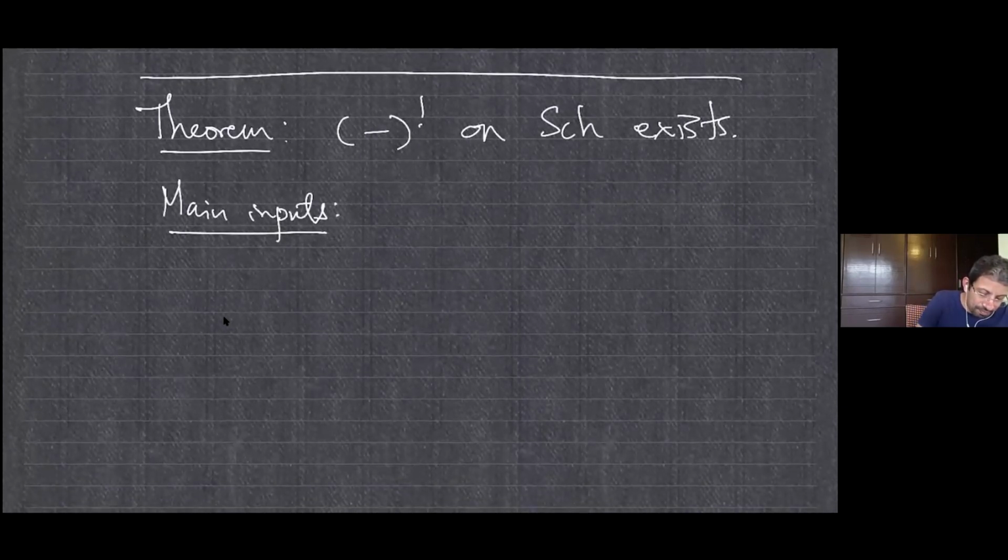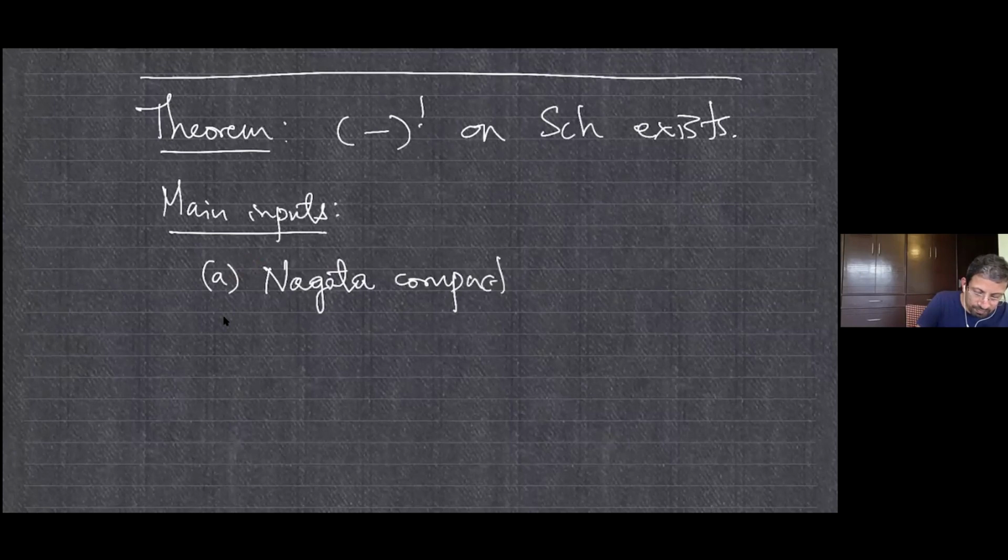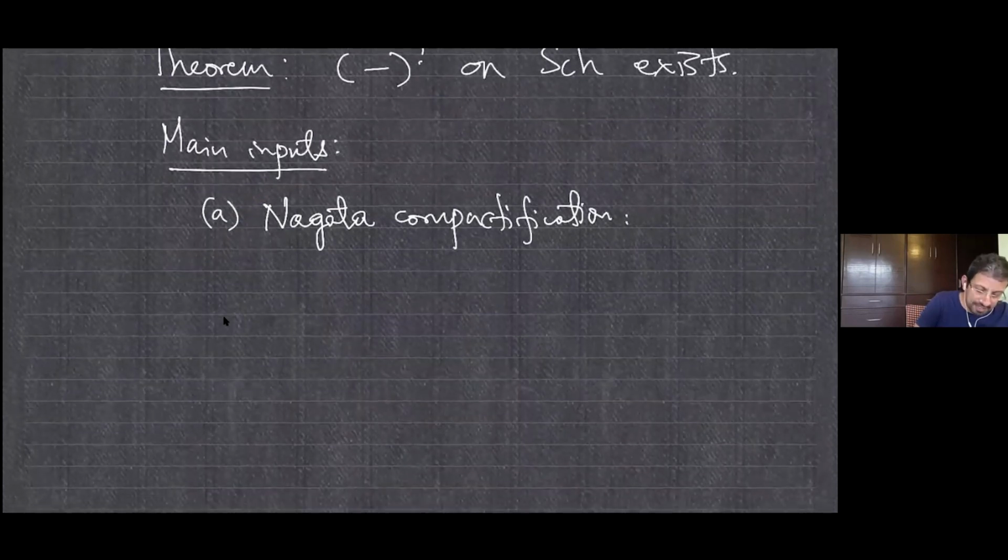One uses something called Nagata compactification. I will not say what it is in detail, just write it in symbols. You start with a map f from X to Y in schemes.